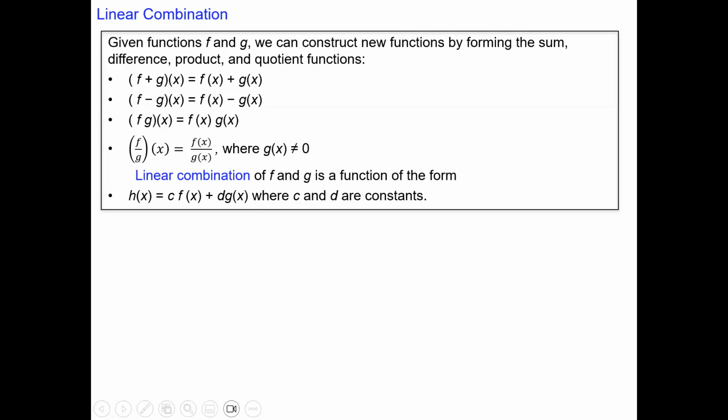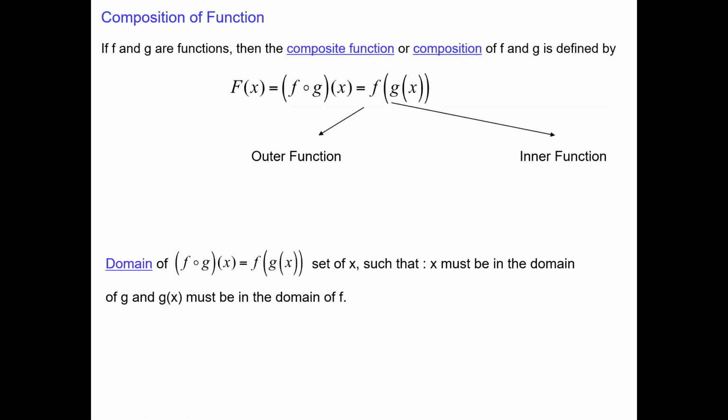We can also do one important operation: the composition of two functions, or compound function. This notation indicates that function f is compounded with function g of x, meaning f is the outer function and g is the inner function. It's important to identify f and g.